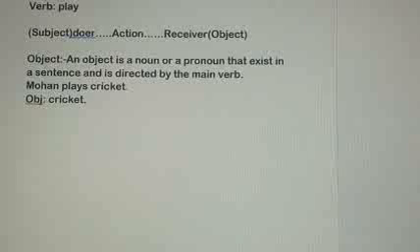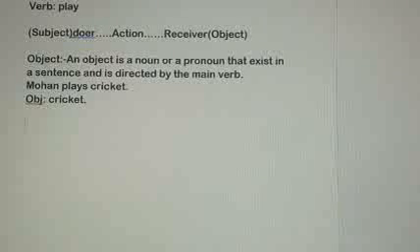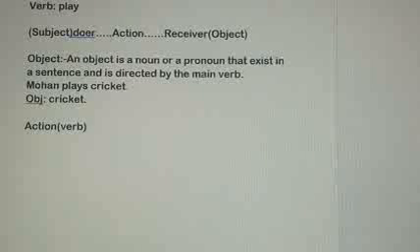In any sentence, just take one thing. I have subject, verb, and object. Let's take an action, or I can also call it a verb. Now we have to identify how we can choose an object in a sentence. So what will we do?